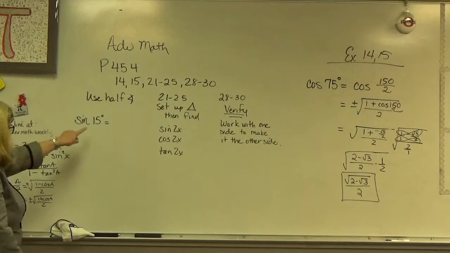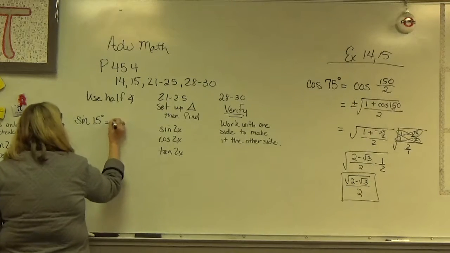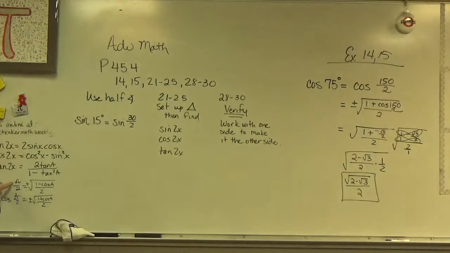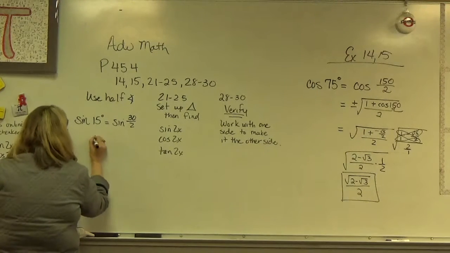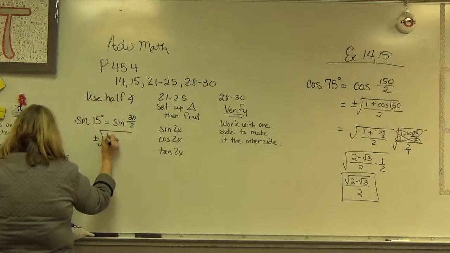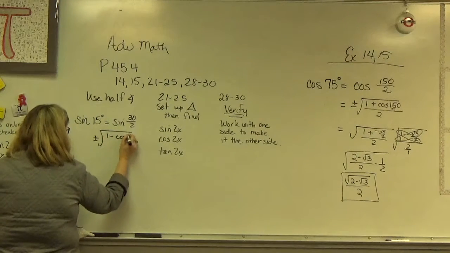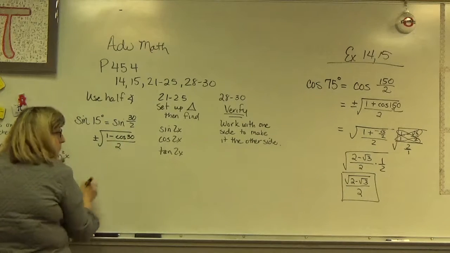Doubled it, I doubled 15, so that becomes 30. Divide by 2. So now it looks like the setup of the half angle formula. So put your information in. So it's plus or minus the square root of 1 minus the cosine of A, which A is 30, over 2.